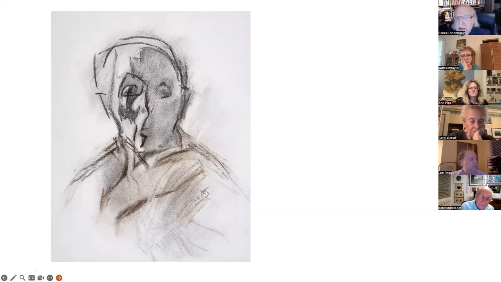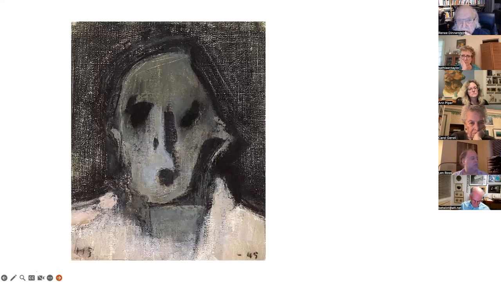Now, in the exhibit at the Met, they did not have drawings that I have seen somewhere else. They only had paintings. So I'm going to clarify that soon. So this drawing was not in the exhibit. This was.